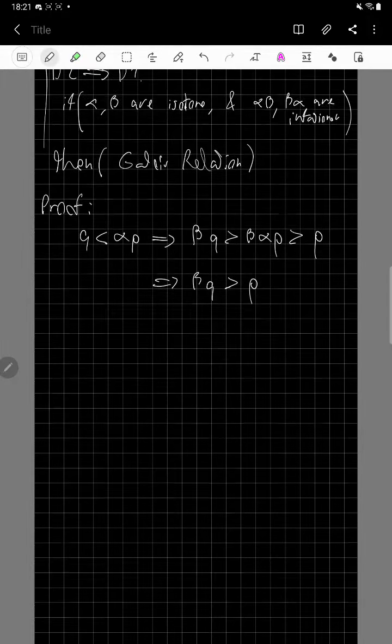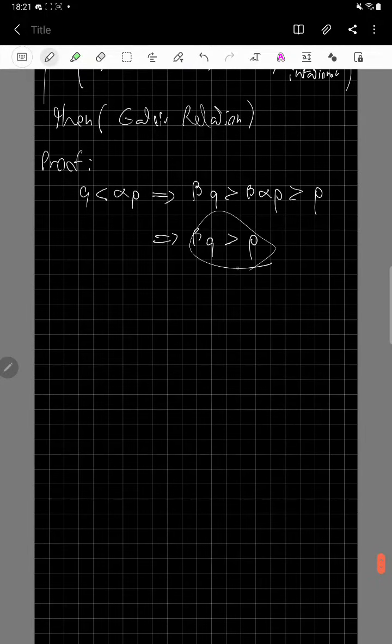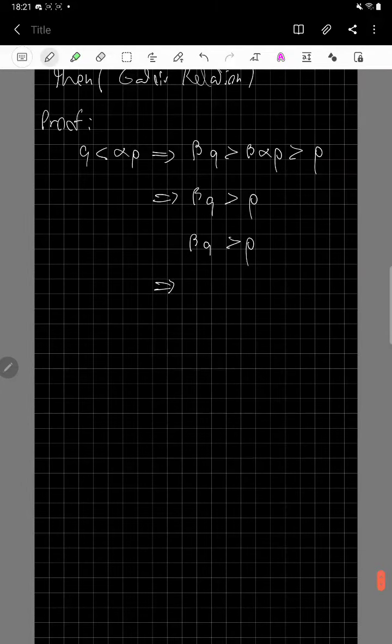Now, the other proof is equivalent. We just have to do the same thing. Let's start with this. So if we have beta Q is greater than P, here we can just apply alpha. Sorry, it's antitone.